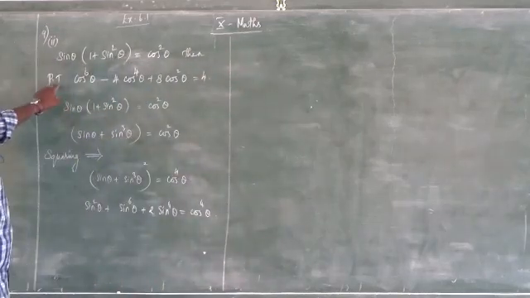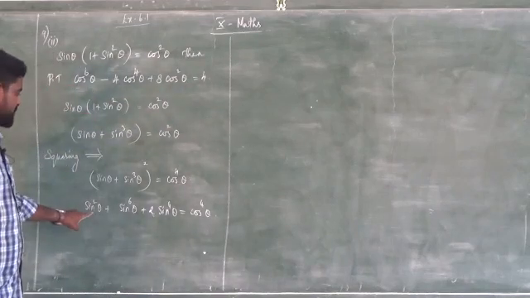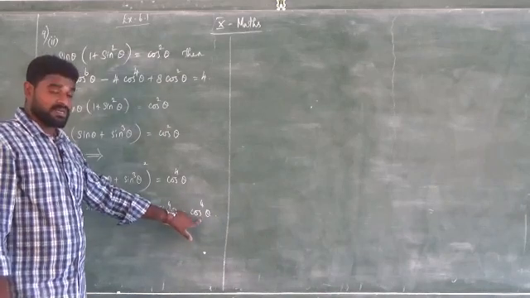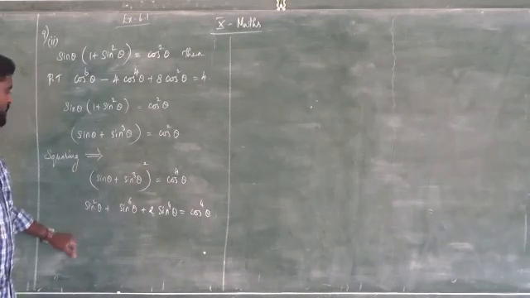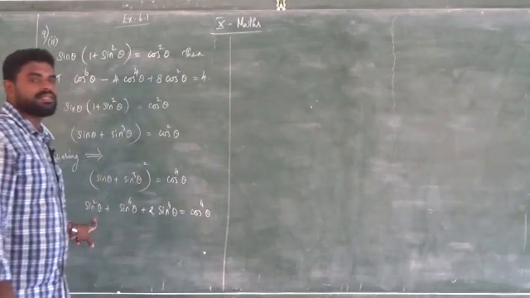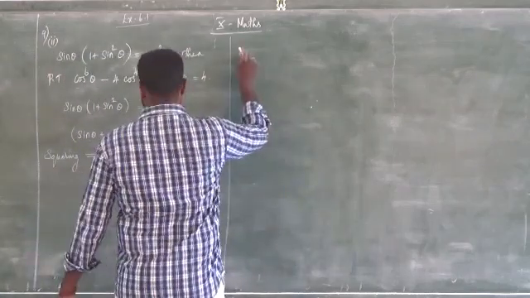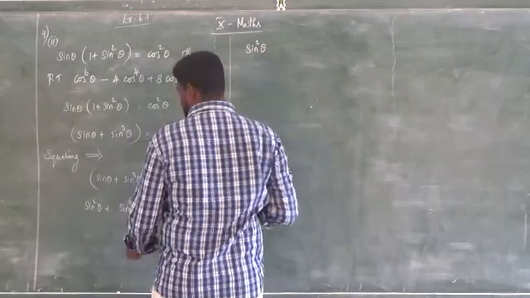But in the proof, everything is in terms of cos. But here we have sines; we have 4 terms, only one term is cos, the remaining 3 terms are in sin. So we know the formula, sin square theta is equal to 1 minus cos square theta. First we will write in terms of sin square.